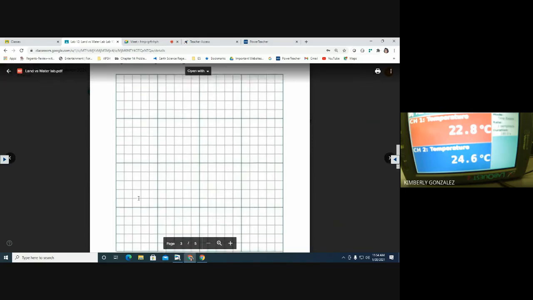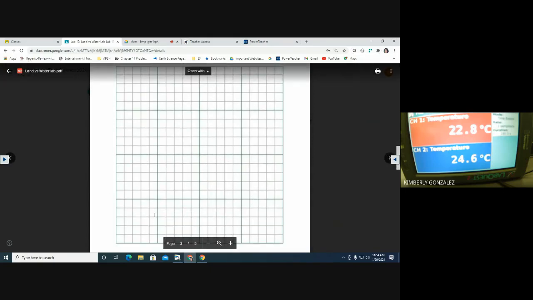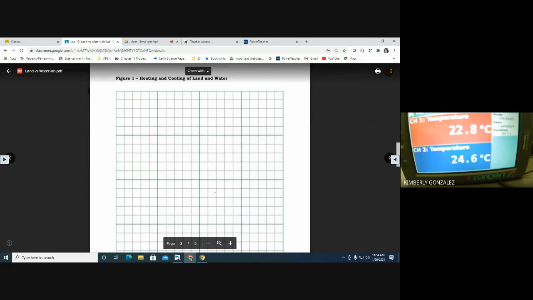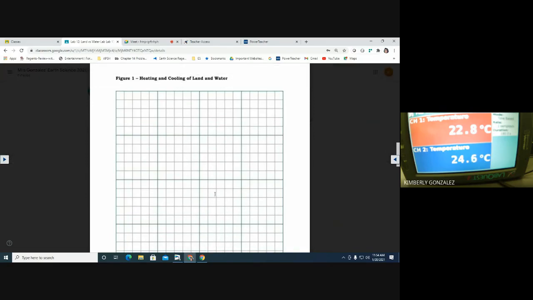Okay, the title is there for you, so you don't have to worry about it. You should have the axes labeled with the units. So the temperature units were in degrees Celsius, the time units are in minutes, okay? You should also have one line for each of the data. You're gonna have one line for land and one line for water.